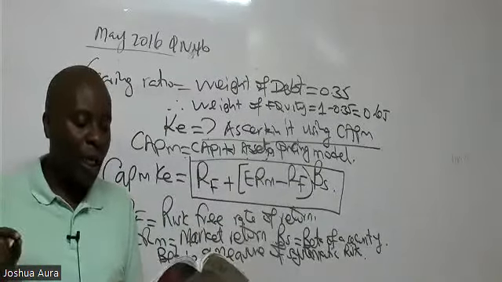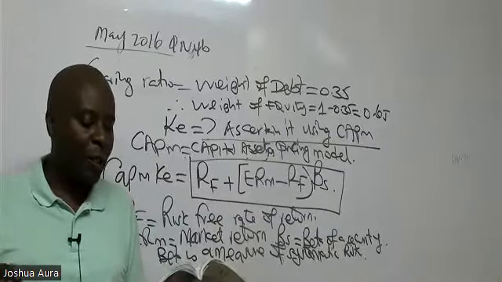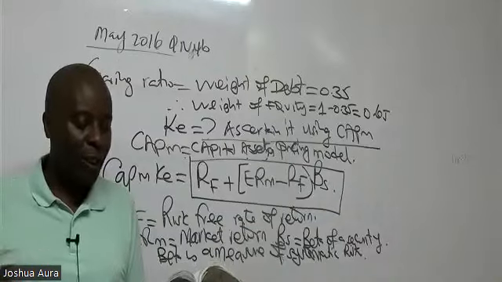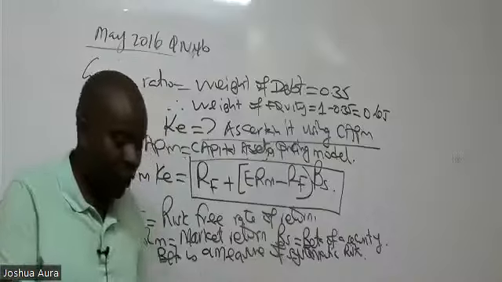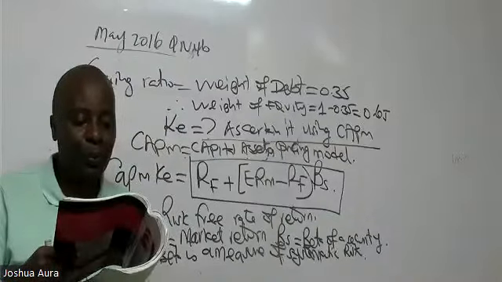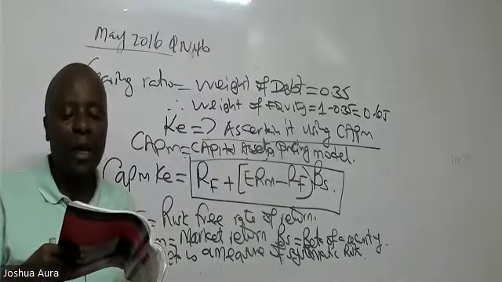After the acquisition of Tiny Limited, Huge Limited would have a cost of debt of 7.4% before tax and a beta of 1.6. I can see beta there. Beta has been provided: 1.6. The risk-free is 6%, and the return on the market portfolio is 11%.